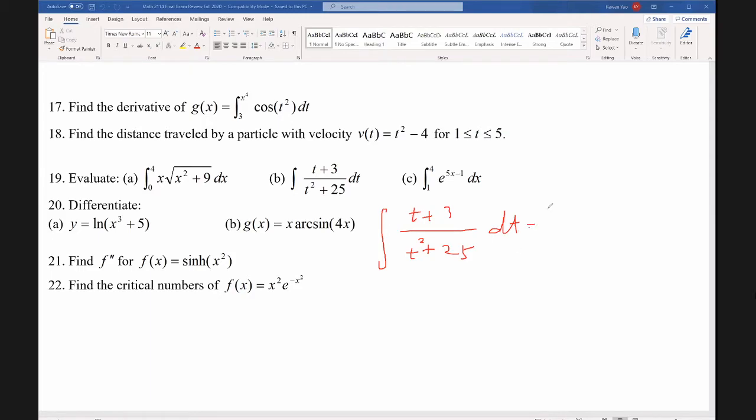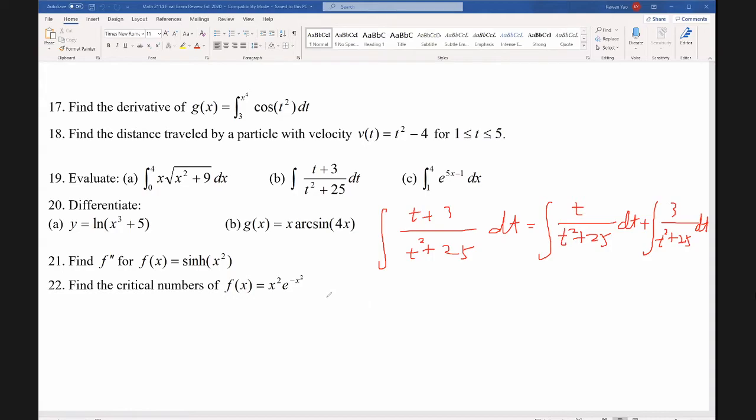First part is t over t squared plus 25 dt, and the second part is 3 over t squared plus 25 dt. Because t plus 3 is the numerator with the same denominator, you can split into 2 parts, and by the properties of the integral, you can do it term by term.